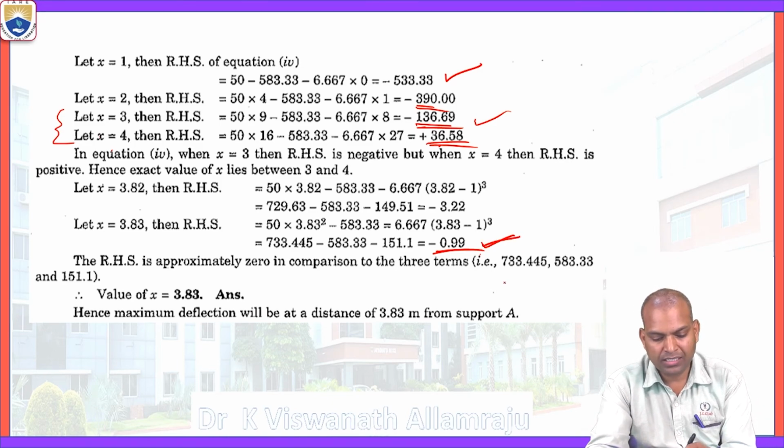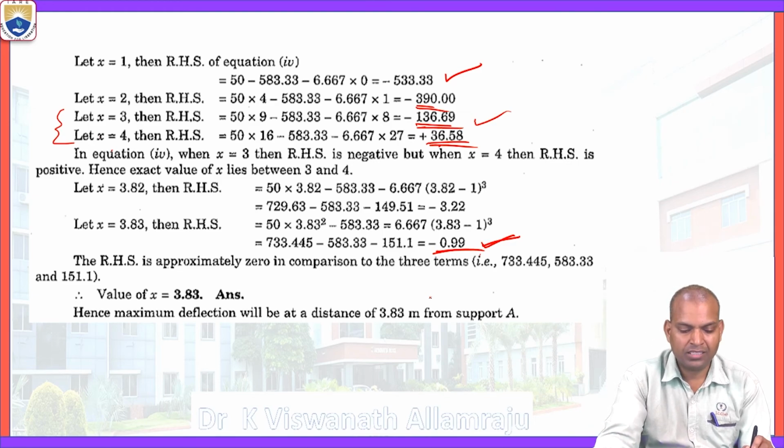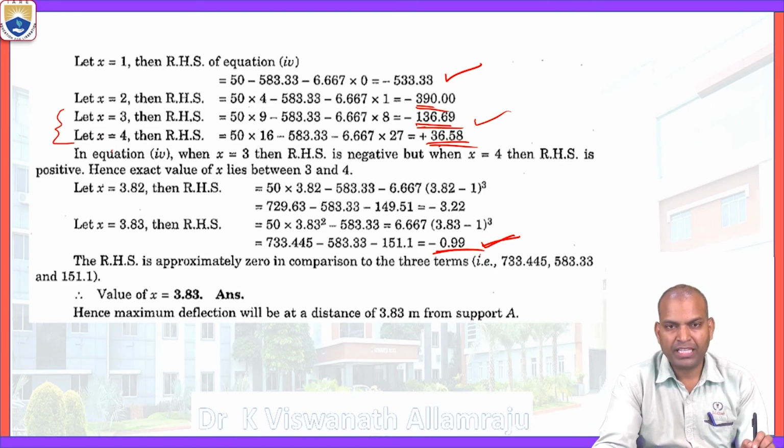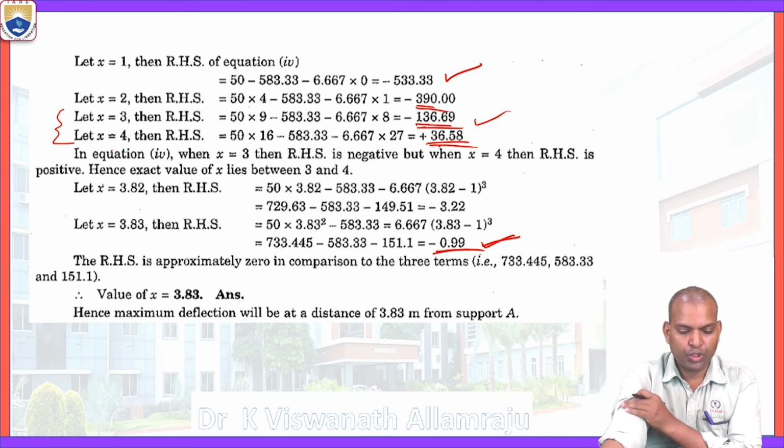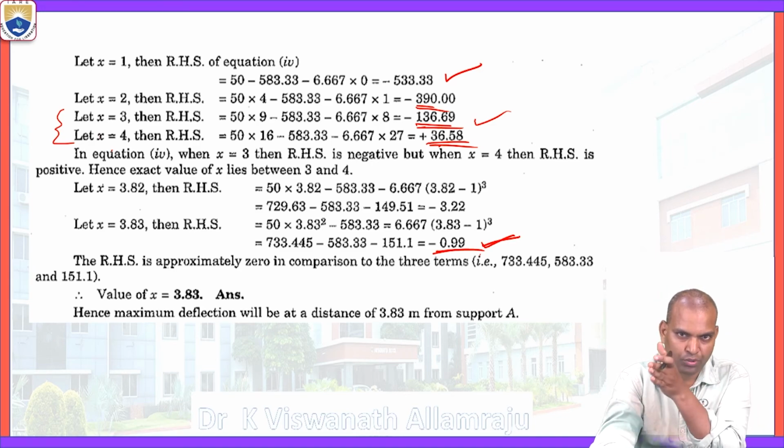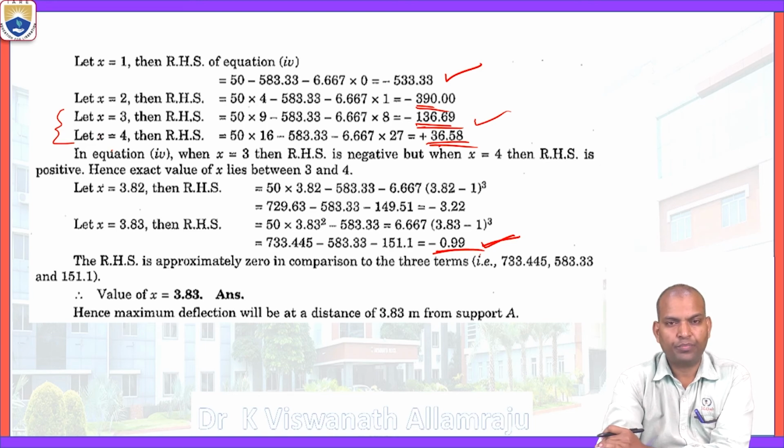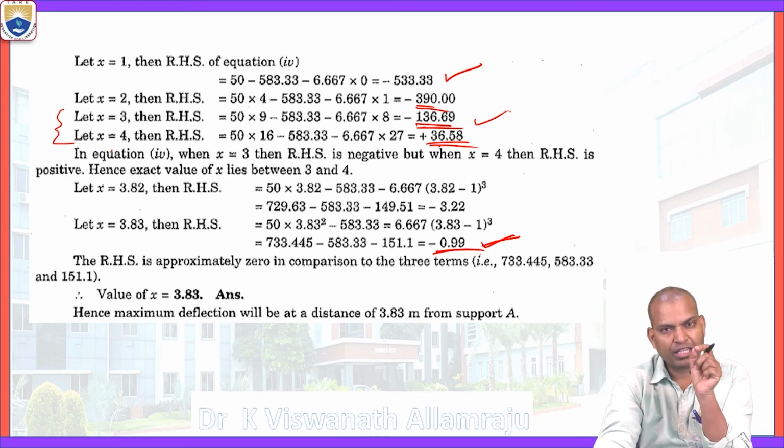Now we consider this 3.83 as the maximum deflection location. At a distance of 3.83 meters from the left support, the maximum deflection is observed.